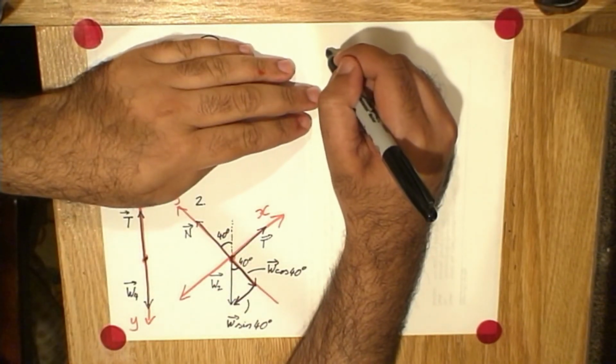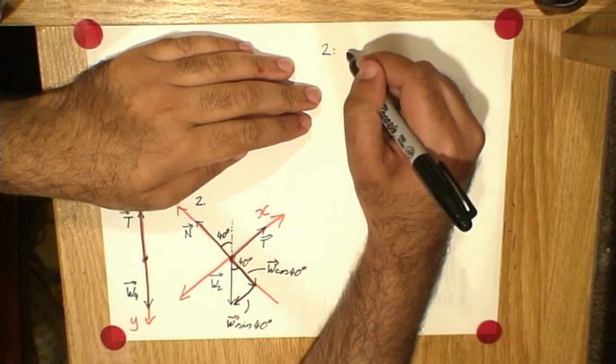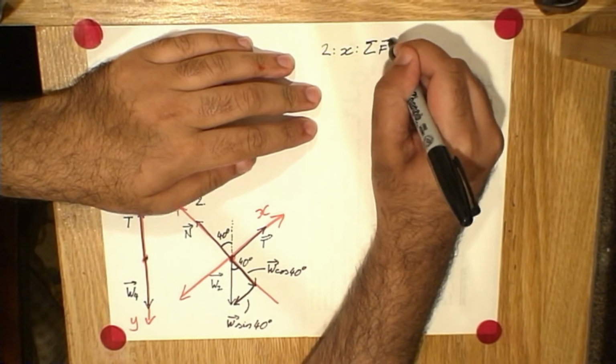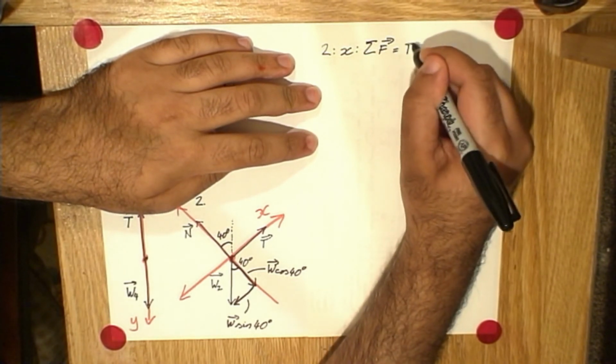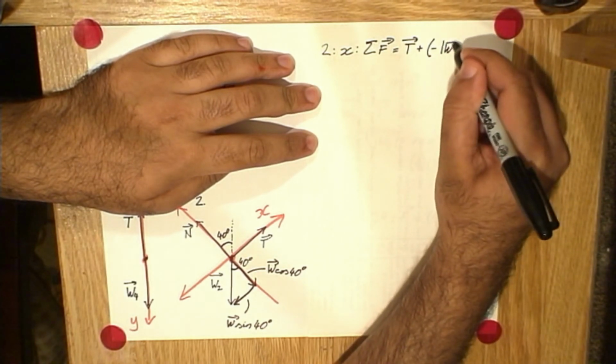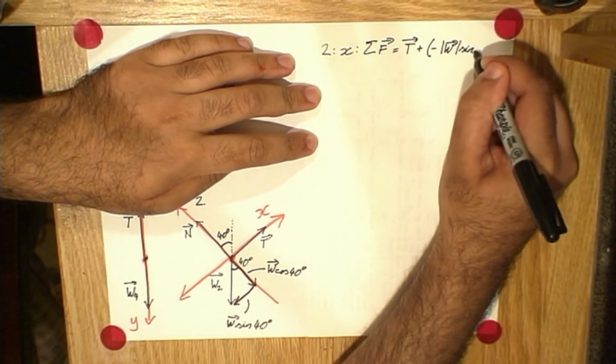Now let's take a look at the 2 kilogram object. In the x direction, the total force is going to be given by the tension minus weight sine 40 degrees.